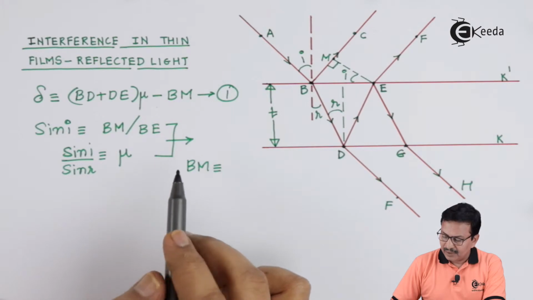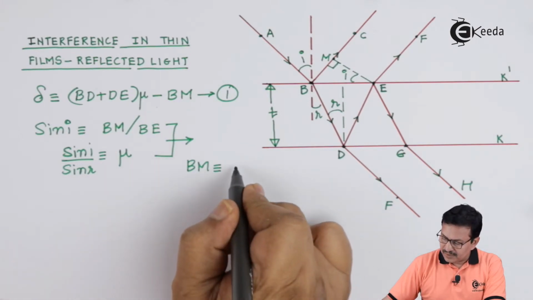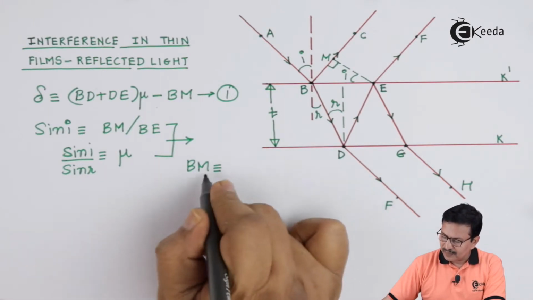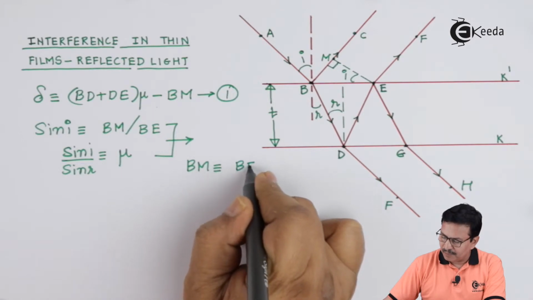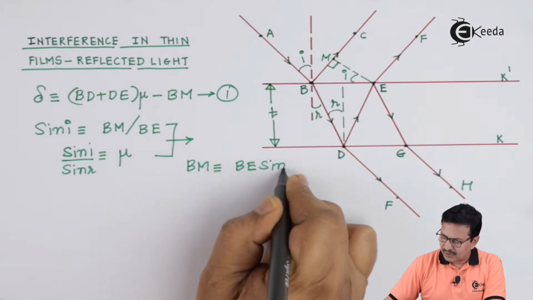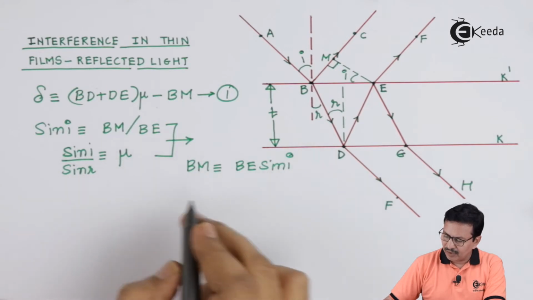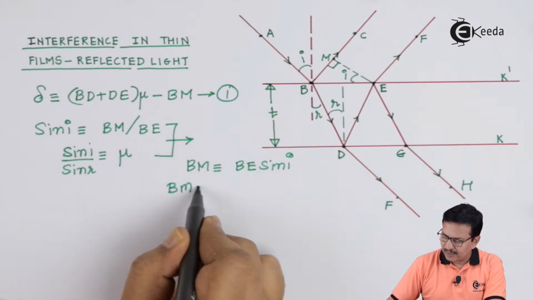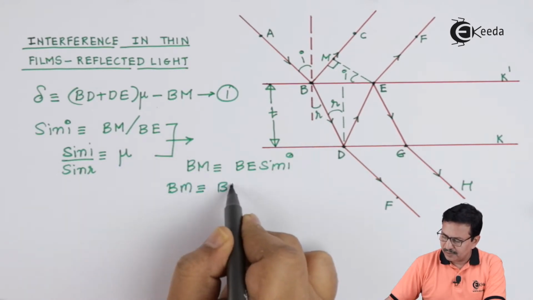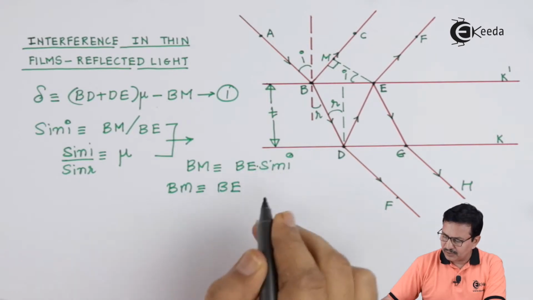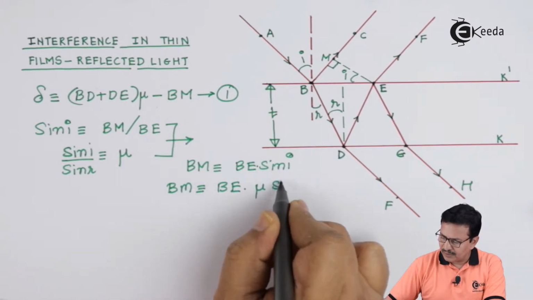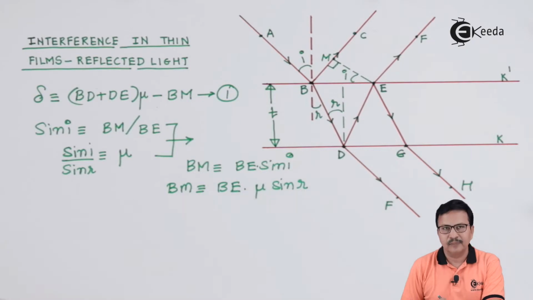Therefore, from these two expressions, you have BM equal to BE into sine i, and from here BM is going to be equal to BE into mu into sine r.